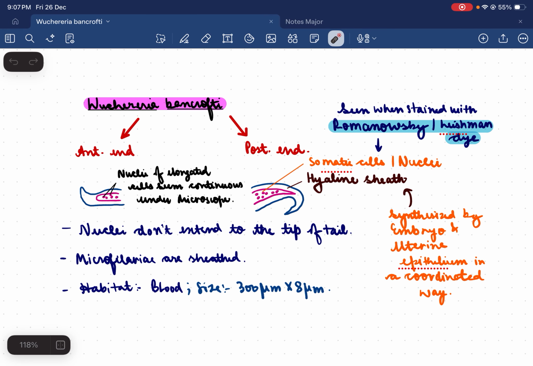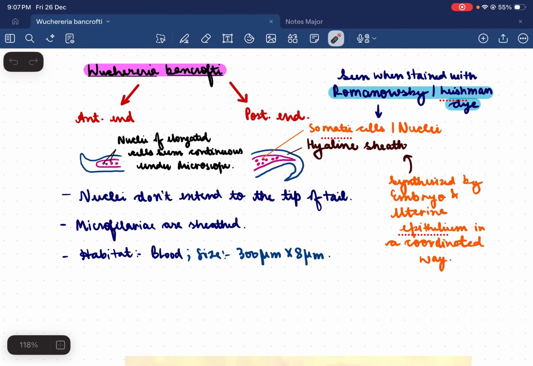Anyways, so the microfilaria of Wuchereria bancrofti has the size of about 300 micrometer into 8 micrometer, which is quite big compared to other microfilaria. And this is important for us to understand whether the microfilaria are sheathed or the fashion in which the nuclei are arranged, because there are so many different types of microfilaria, because there are different types of filarial worms.